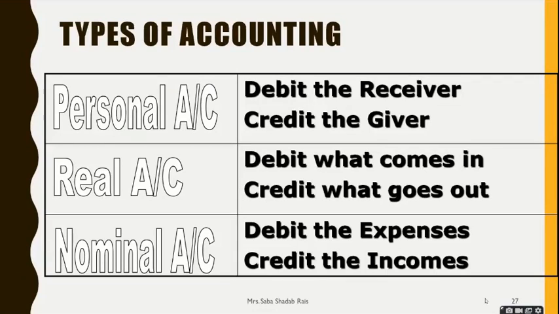Second is the real account: debit what comes in, credit what goes out. Here, debit what comes in, for example we have got the light bill, so we have to pay that. Then credit what goes out, whatever things go out. For the nominal account: what is going to be debited is expenses, and what is going to be credited is incomes.